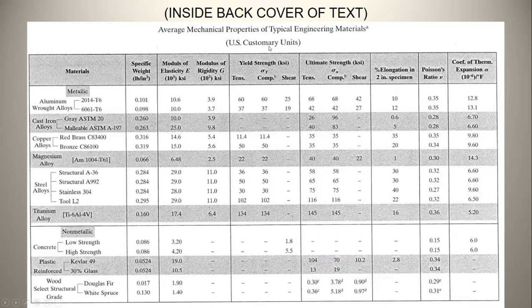So the second thing to note is that in the header, there are some values given already. For example, for the aluminum alloy 2014, the value of E will be 10.6 times 10 to the 3 KSI. This is not even PSI.